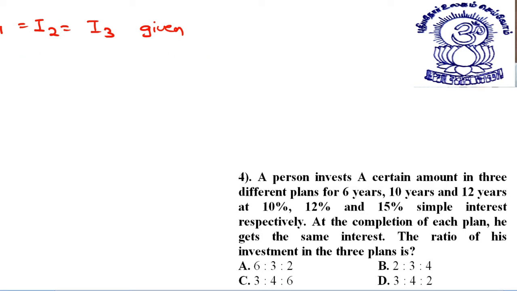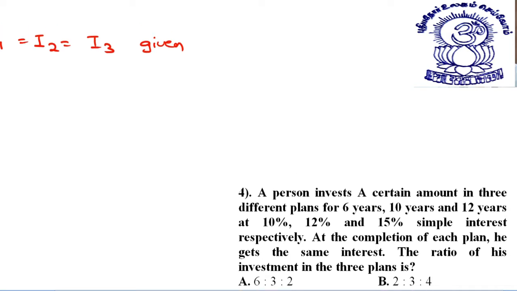Let's say principal 1 is P1, principal 2 is P2, principal 3 is P3, or XYZ. So let's say P1 is equal to X, P2 is equal to Y, and P3 is equal to Z. Now what we have, X at the rate of 10% for 6 years is equal to what?